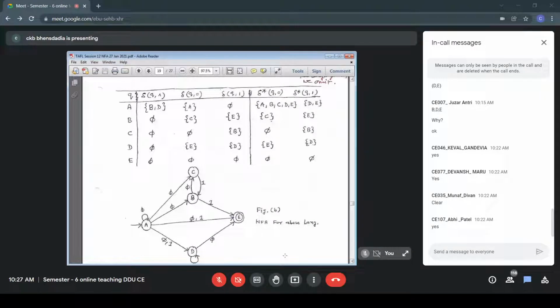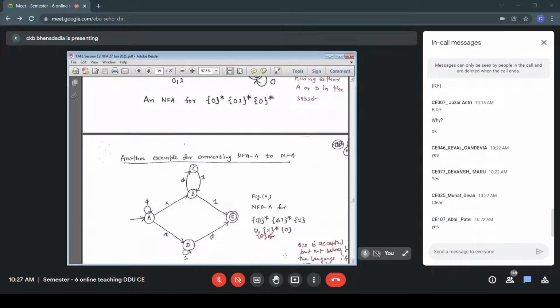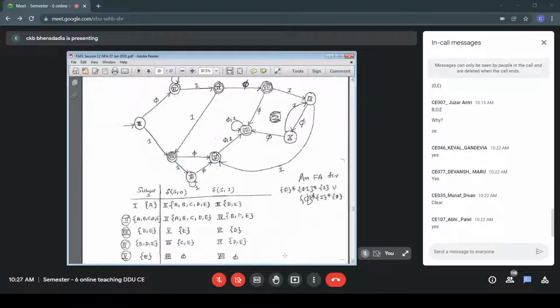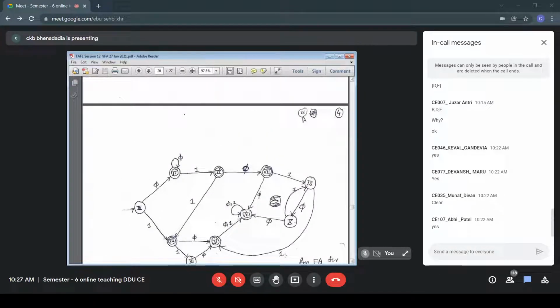Look at the structure of this NFA, this one actually. 0 star, 0, 1 star, 1 union, 0 star, 1 star, 0. And how complicated is the corresponding DFA?